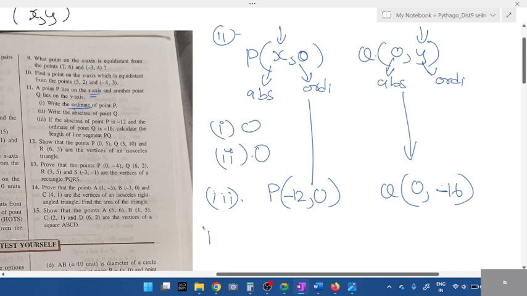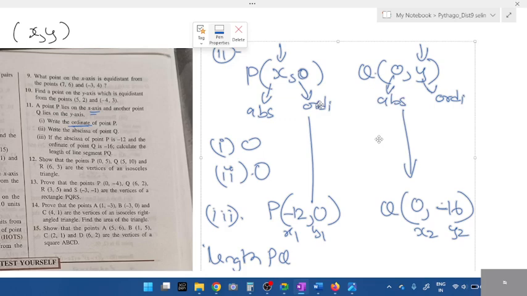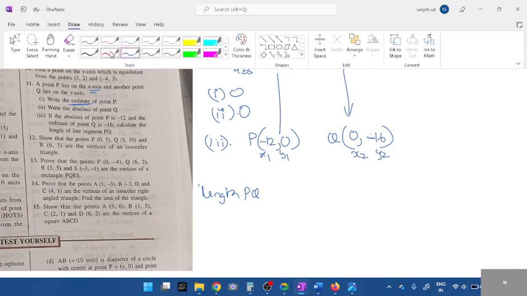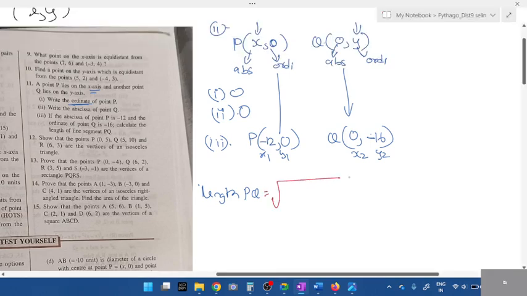So how do you find length PQ? Use the distance formula. Take this as x1, y1 and this one as x2, y2. Did you all understand this? Yes. Make a note, complete, try even this calculation for homework. Homework in the sense, as soon as the class gets over, you have to start solving it. Understood? Practice it. X2 minus x1 the whole square plus y2 minus y1 the whole square.